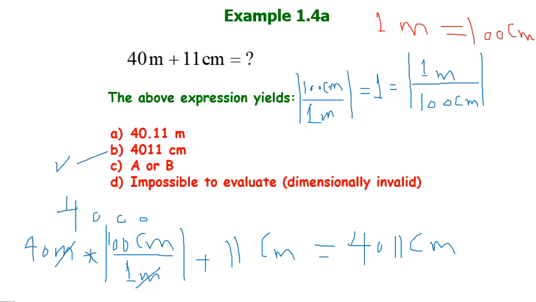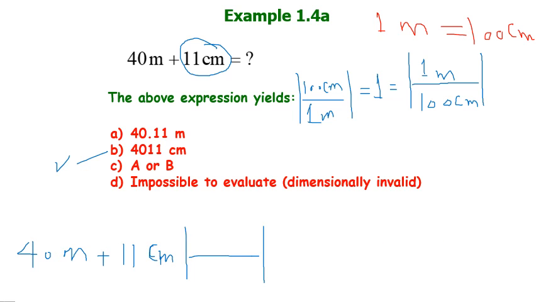If we want to cancel the centimeter here and convert it to meter, so if we want to solve this problem using the meter unit, we have to cancel the centimeter. So we write down 40, every number followed by its unit, meter, plus 11 centimeter. To cancel this centimeter, centimeter has to be down, and the meter will be up. 1 meter equal 100 centimeter.